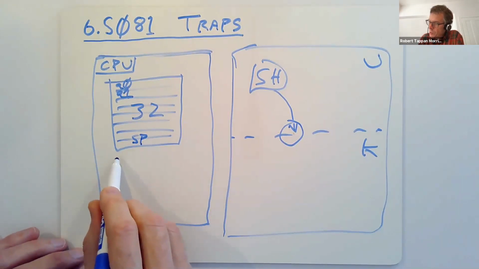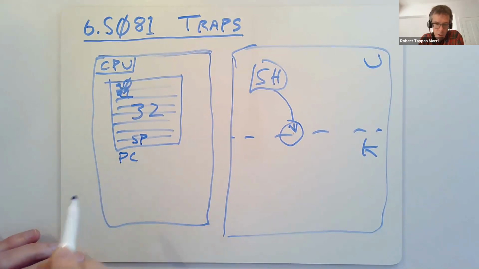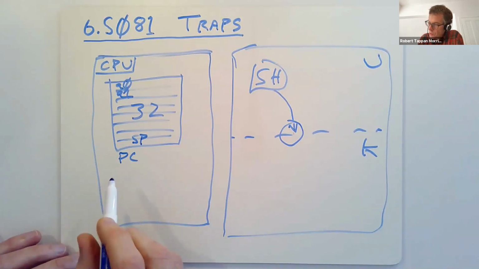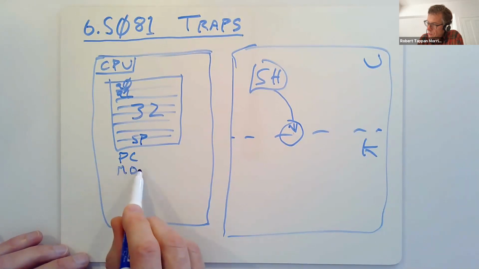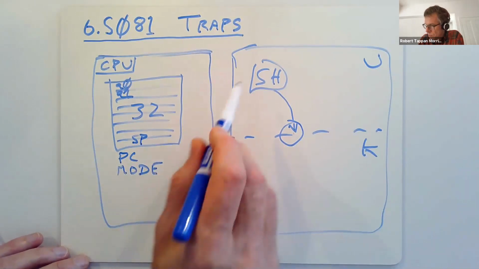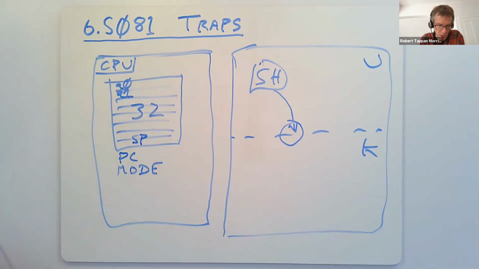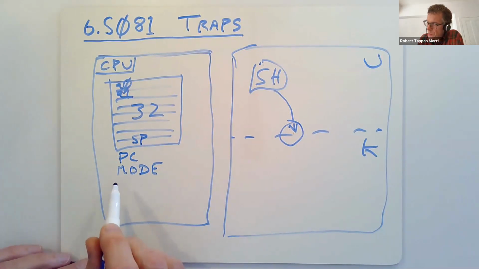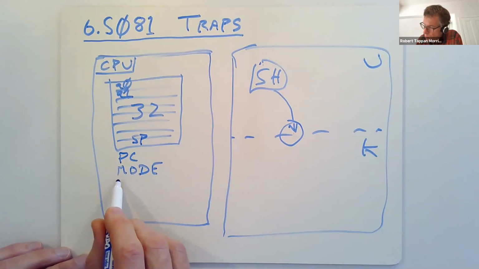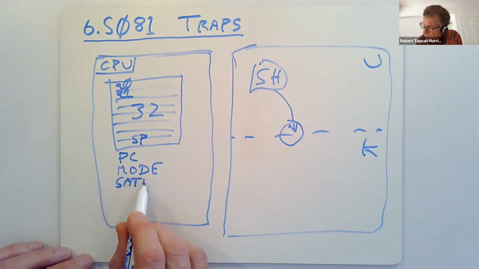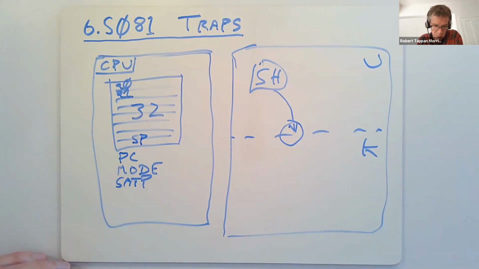There's a separate program counter register in the hardware. There's the current mode, either supervisor or user, and of course it's user mode when we're executing up in the shell. And then there's a bunch of special registers that control how the CPU works. Like there's the SATP register that contains a pointer to the page table.